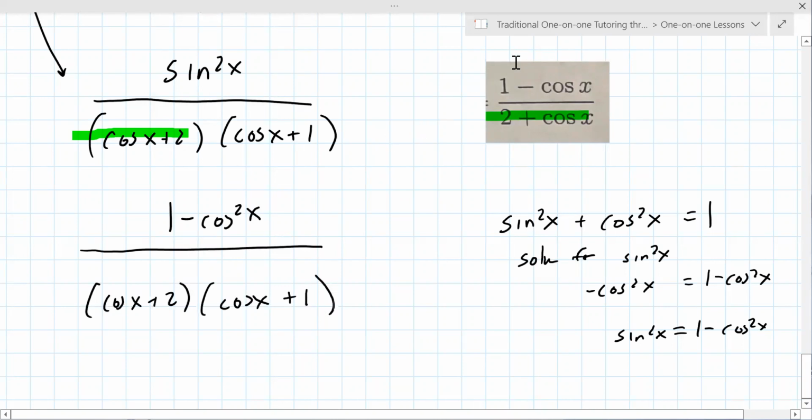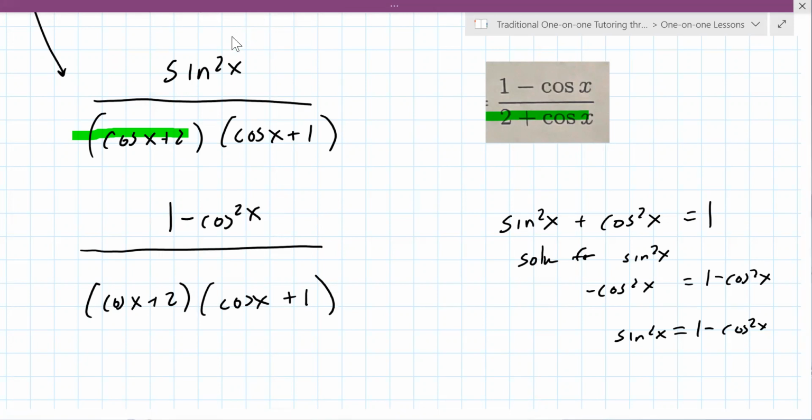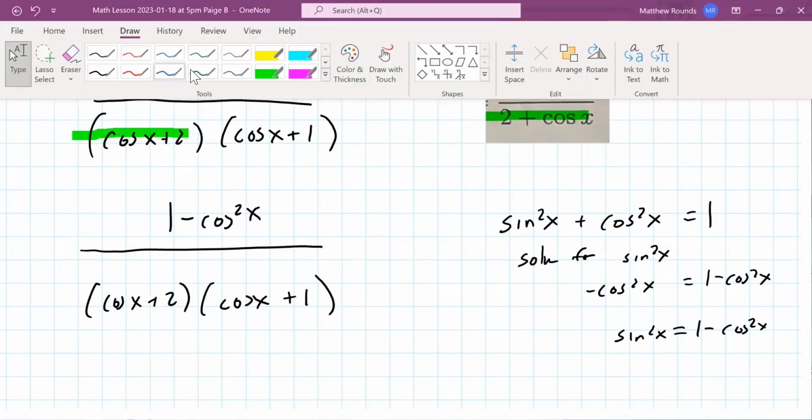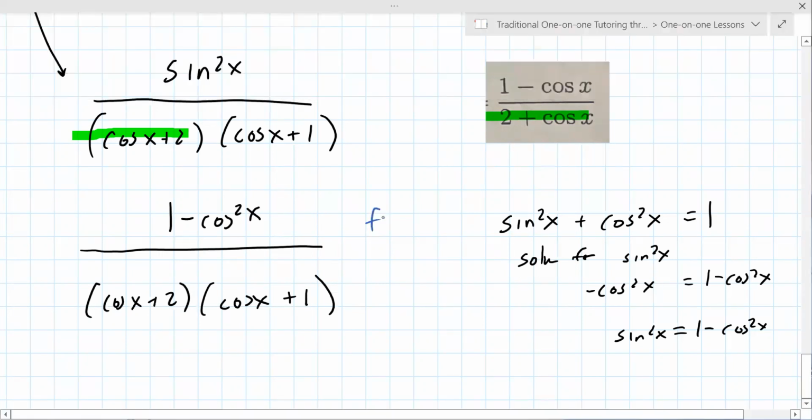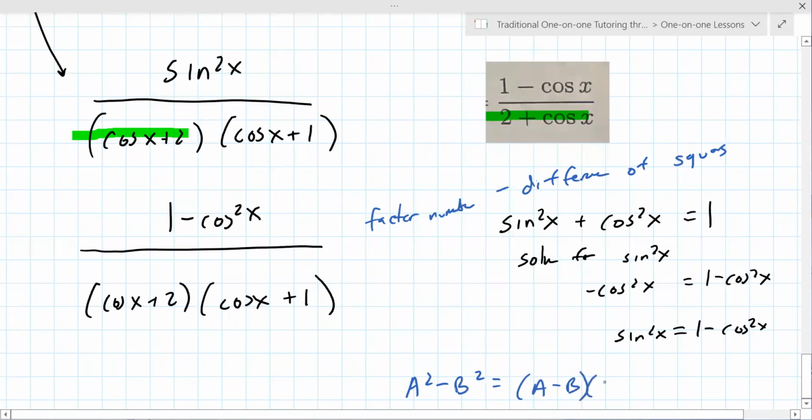And you can see we kind of have the 1 minus cosine x. We're really, really close. Any idea how to factor the numerator? Oh yeah, it's the difference of squares. Yes. As a reminder, a squared minus b squared equals a minus b, a plus b.